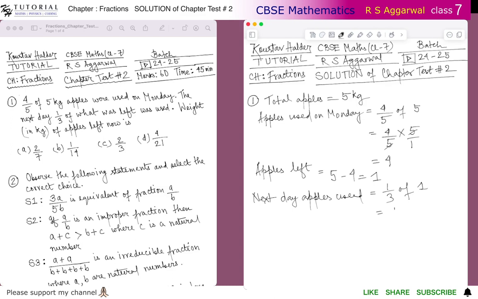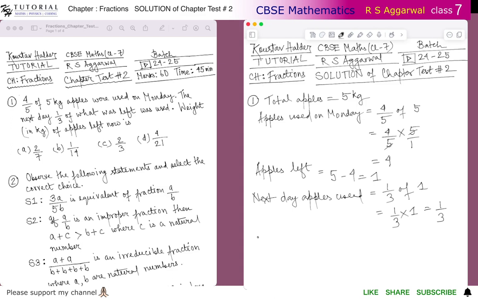So this is 1/3 into 1. This is 1 by 3. Now weight in kg of apples left now is, the next day apples used was 1/3 of 1 kg, that is 1/3 kg.